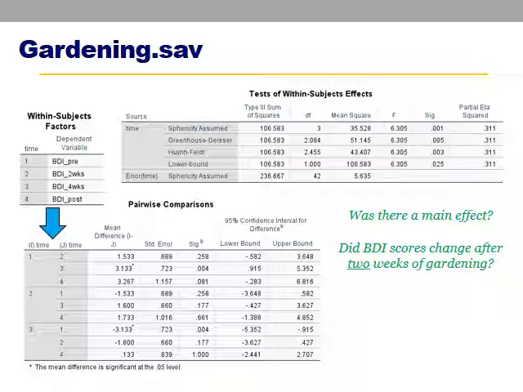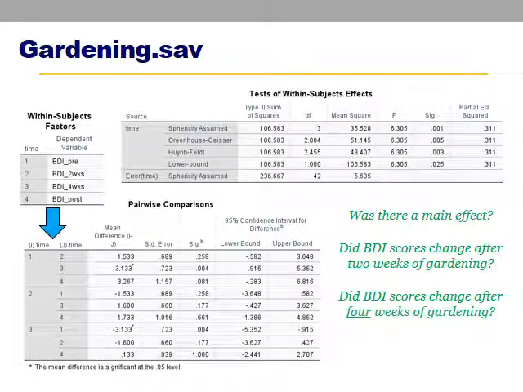For example, try to answer the following question. Compared to when they first completed the BDI at the beginning of the study, did participants' BDI scores change after doing 2 weeks of gardening? What about after they did 4 weeks of gardening? Was their initial BDI score different from their BDI score at the end of the gardening class?